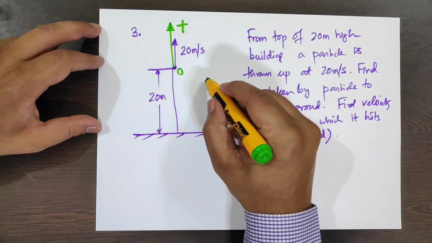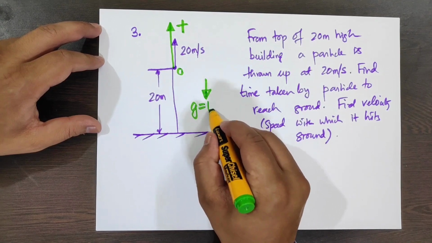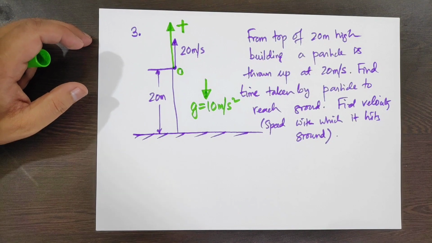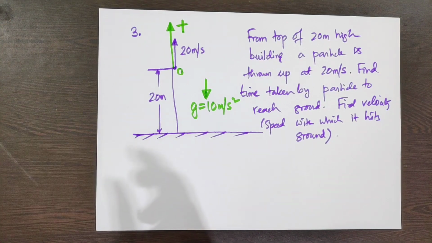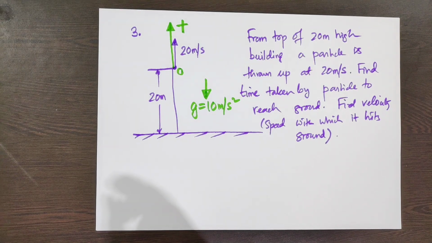Okay, so you know acceleration due to gravity g downward is 10 meter per second square. Unless mentioned, we can take it as 10 here. Competitive exams, they will all mention the value of g to be 10 in the paper.